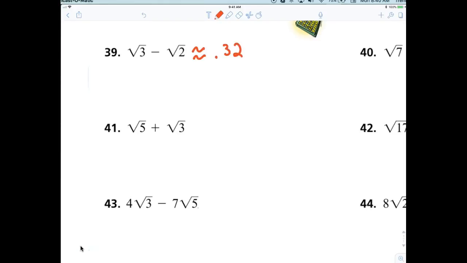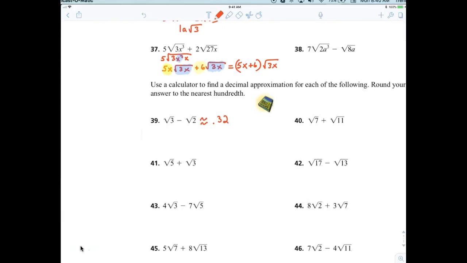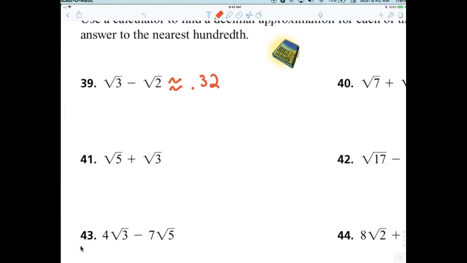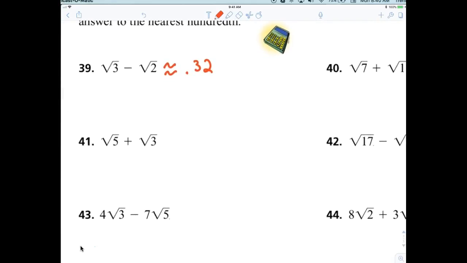Is it 0.32 then? If it says round to the nearest hundredth, it'd be 0.32. 0.318 would be to the thousandths. Sorry. So type in on your calculator square root of 3 minus the square root of 2.